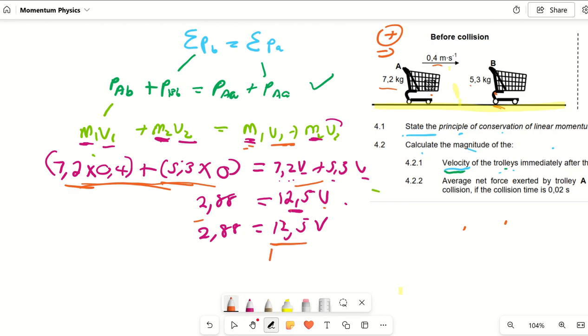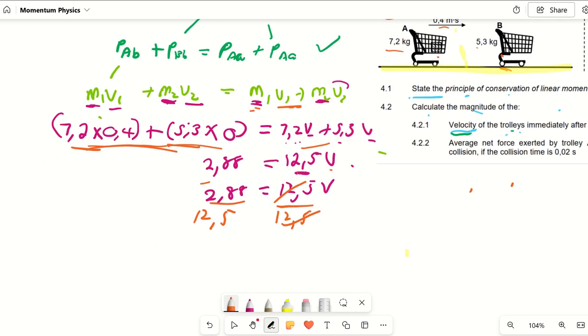So you're going to get rid of this by dividing so they can cancel. What you do on the left, you must do on the right. So what is 2.88 divided by 12.5? Just press divide by on your calculator because you already have the 2.88. Divide by 12.5. Tell me what you get. 0.23. So your v is equal to 0.23 meters per second.